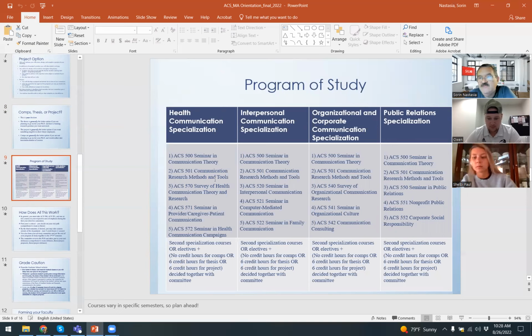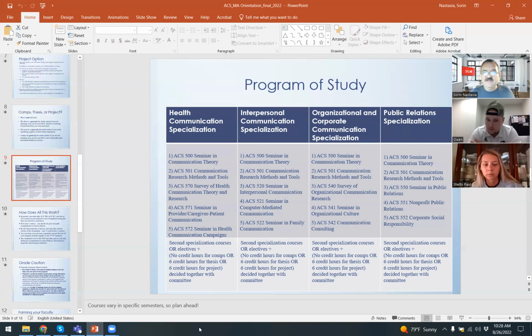That throws them out of sync, because then they will have to start with 501 and take 500 later, or maybe take other courses so they can take 500 and 501 in the fall of the second year, because usually they are in consecution, and the professor who teaches 500 is relying on the professor who teaches 501 to take over what was done in 500 and add the research methods and tools part.